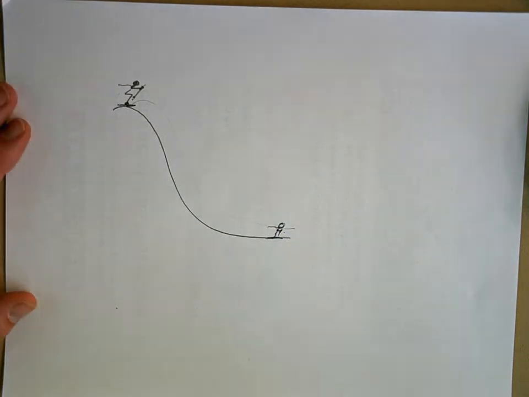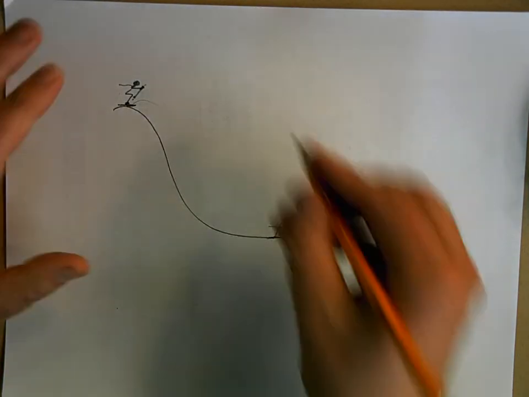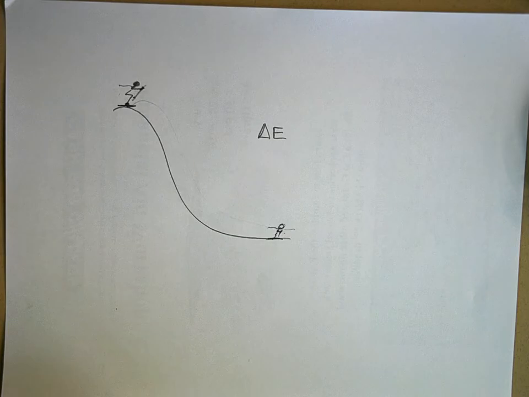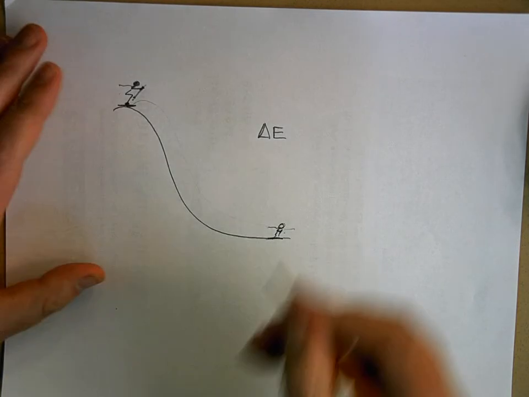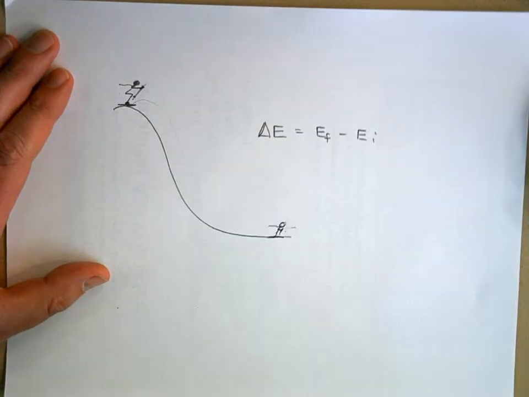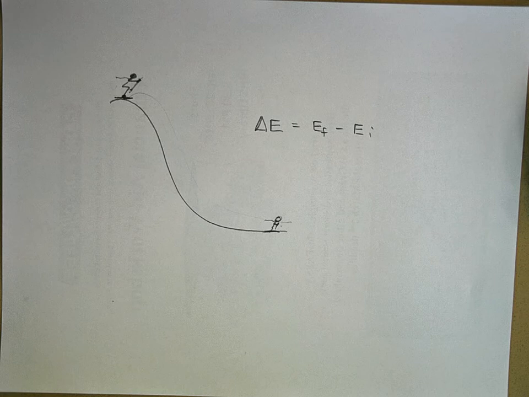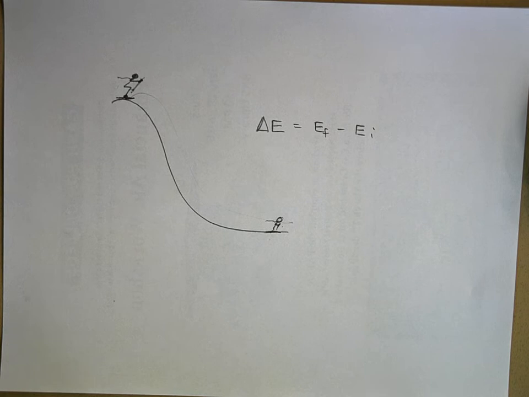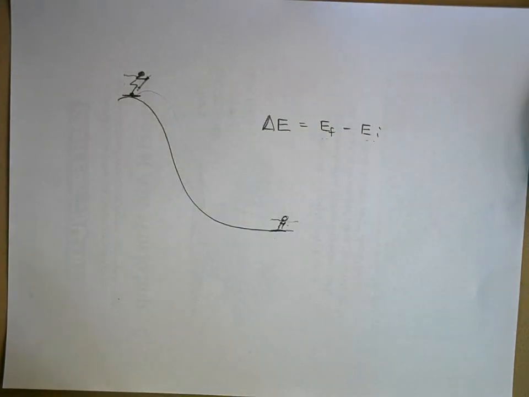Well, if you want to know how much energy they lost, that's delta E. Delta E is how much their mechanical energy changed. And that'll be E final minus E initial. Now, if they lost mechanical energy due to friction between their skis and the snow, what's going to be true about the value you're going to get?